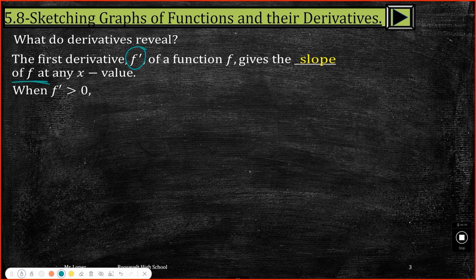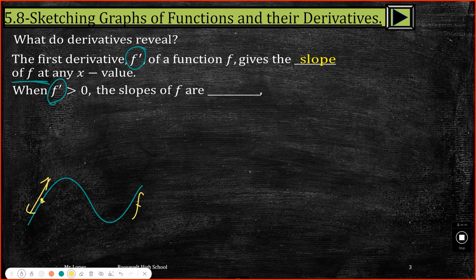When the rate of change is greater than 0, when f prime is greater than 0, the slopes of f are what? So you've got some function and the slopes are greater than 0. This is f, and this is f prime.